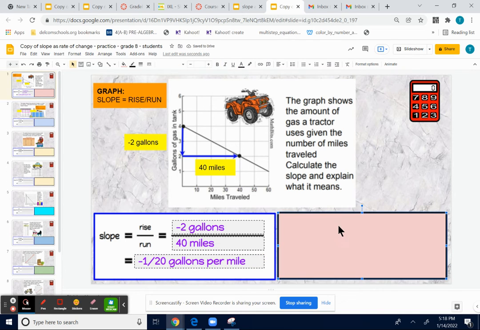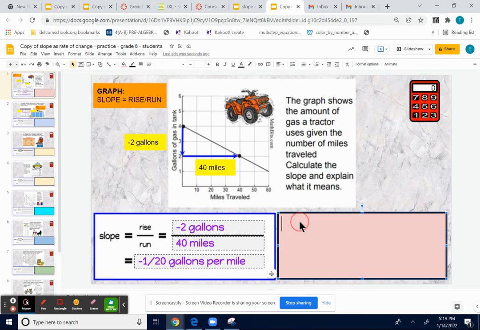And what this slope tells us with the labels attached, negative 1/20th gallons per mile, it means it's a decrease of 1/20th of a gallon per mile. And that tells us what's going on in this problem, what's going on with the tractor and the gas that's being used up.